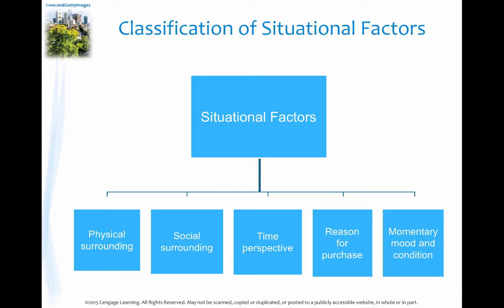For example, store atmosphere, scents, or sounds may influence your decision. Those are the examples of physical surroundings of the store. The buyer's moods, for example, anger, anxiety, or contentment, may also affect the consumer buying decision process.